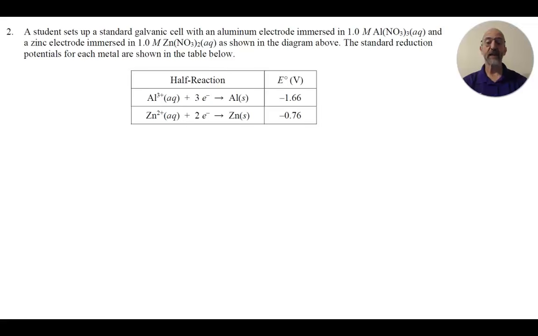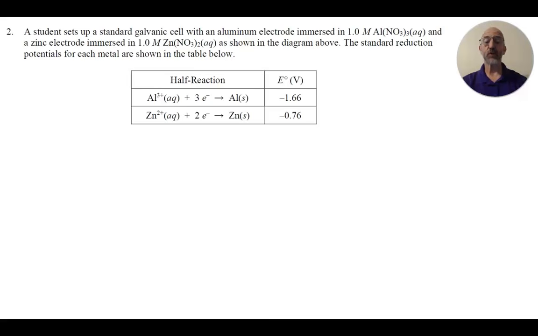And I will use that same flip and add technique right now to not only calculate the cell potential for this standard galvanic cell, but also to write the correct net ionic equation for the reaction that occurs in this galvanic cell. So what I have to remember is that the sign of the cell potential should be positive for a galvanic cell, and since both of these cell potentials for the half reactions are negative, I have to choose carefully which of these half reactions I will reverse.